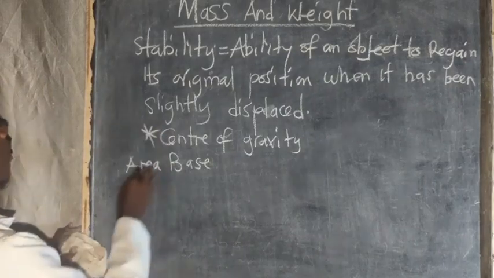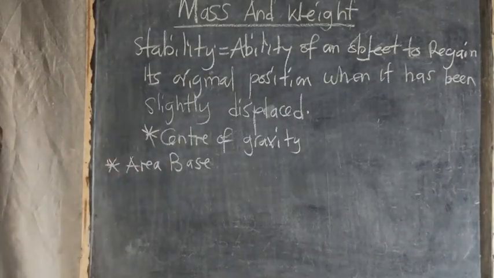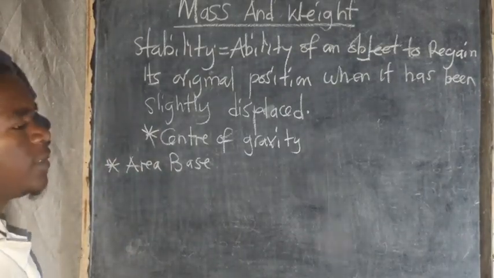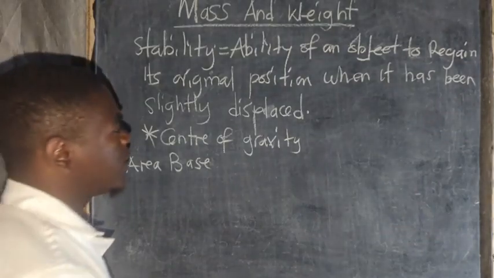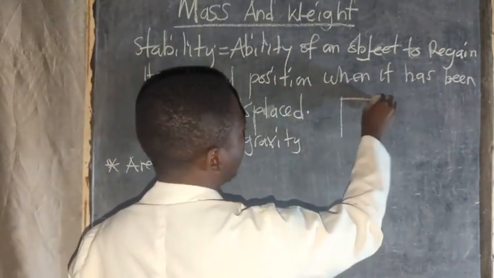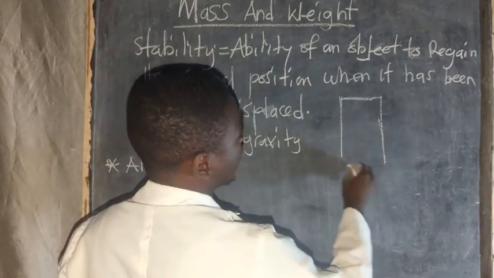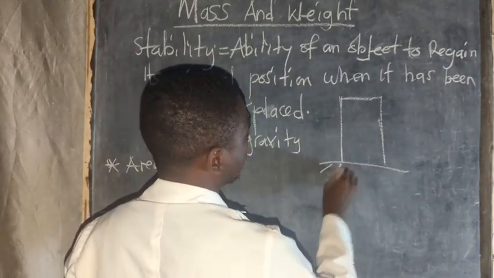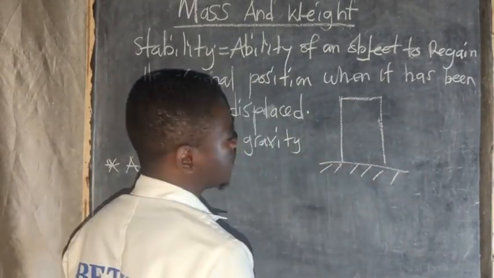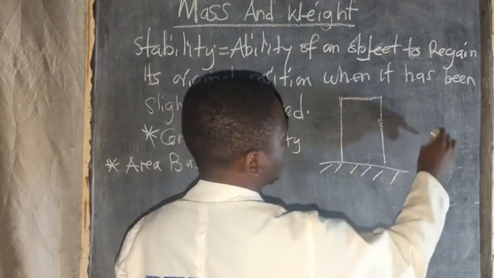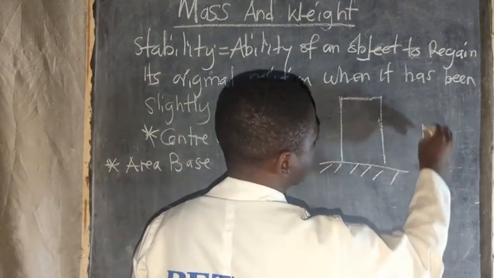We just talk about these 2 things for a body to maintain its stability. For example, you can have something like this. Let's say this is the earth, the ground. Then you also have something like this.